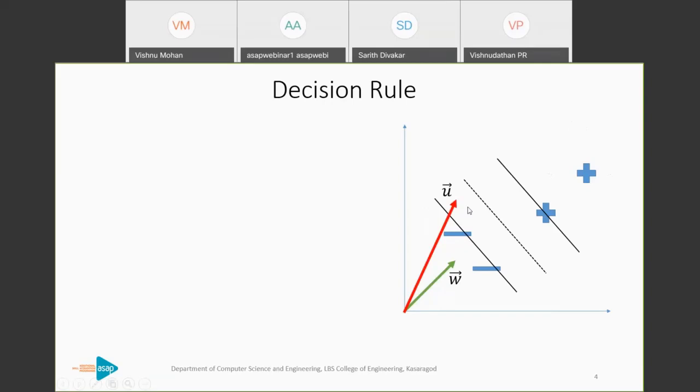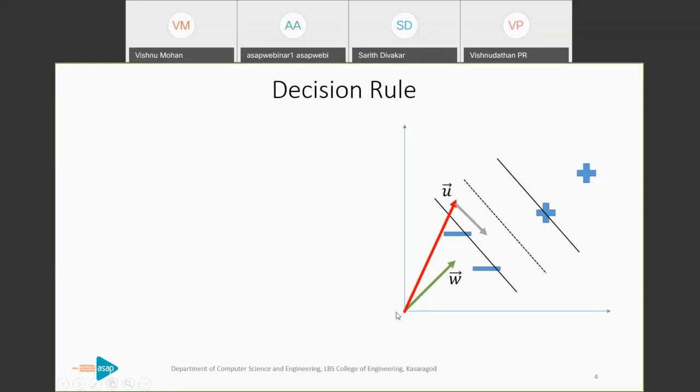For that, I'm going to take a projection. I'm going to project this U onto the vector that is perpendicular to the street, perpendicular to the median line. I'm going to take the projection of U on W. When I do that, it will give me the distance in this direction.